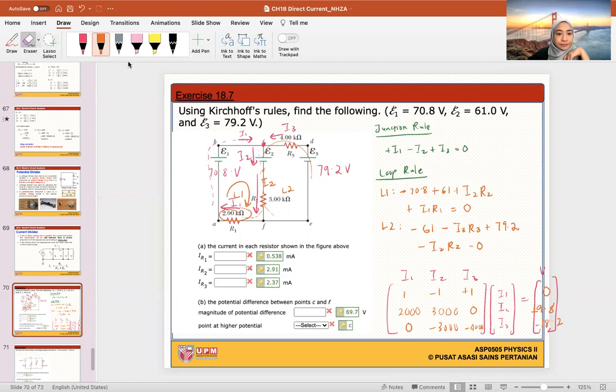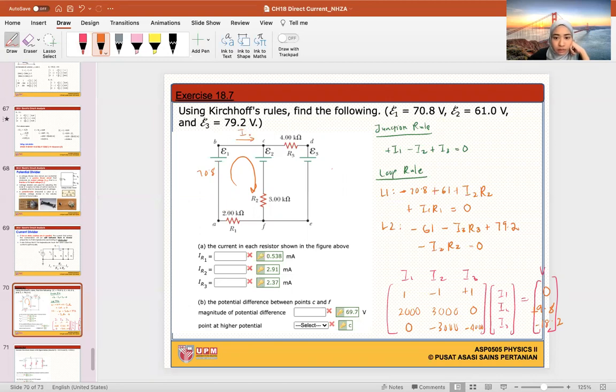Loop number 1. Okay, loop number 1, I come across epsilon 1, which is 70.8, negative. And then I come across the positive terminal of epsilon 2, 61. So positive 61, correct. And then, oh, I forgot to write this.